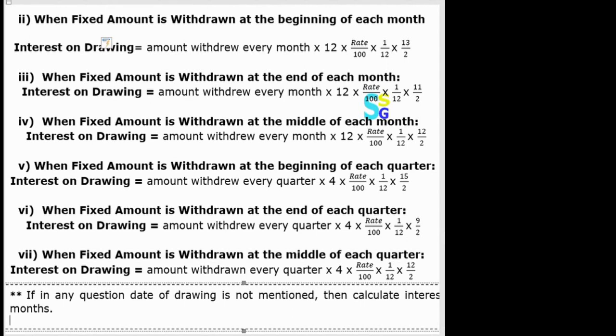So how many months? 12 months. In the same way, if a partner withdrew money on 1st April, he or she has to pay interest for 3, 6 plus 3, 9 months. If the partner withdrew the amount on 1st October, he or she has to pay interest for 3 months. So again, you use that same method.